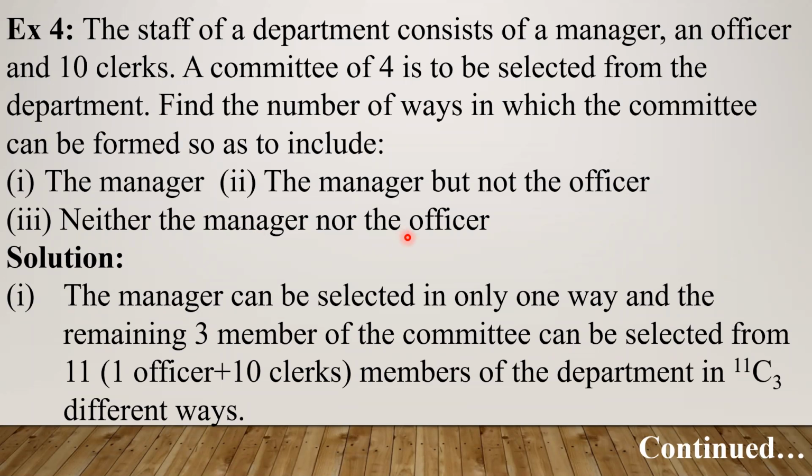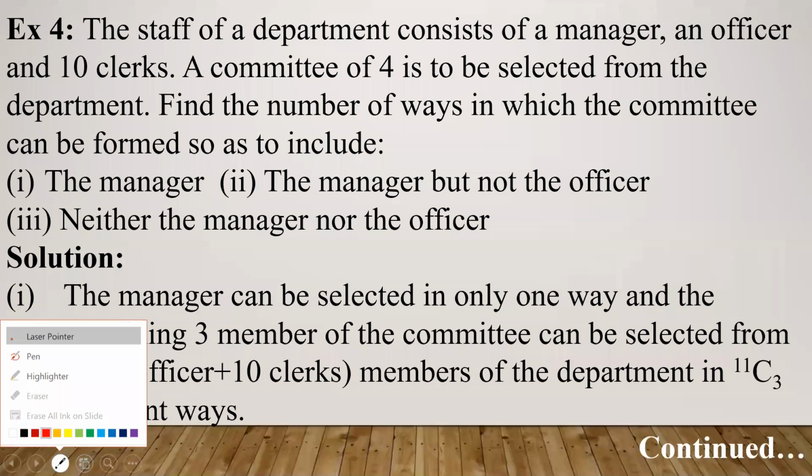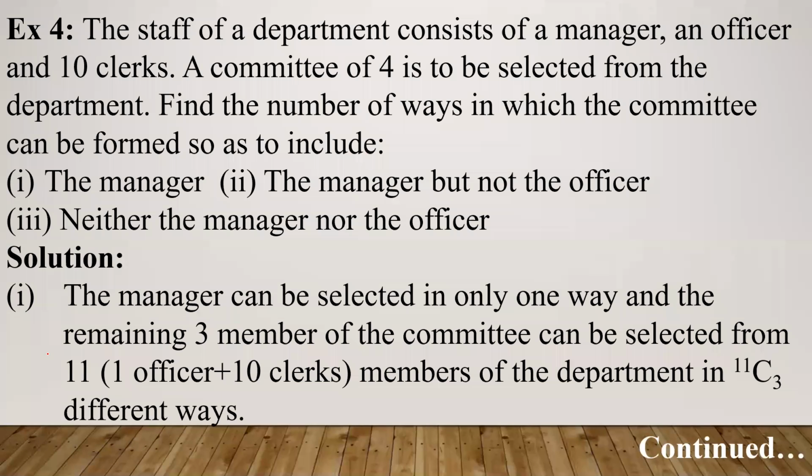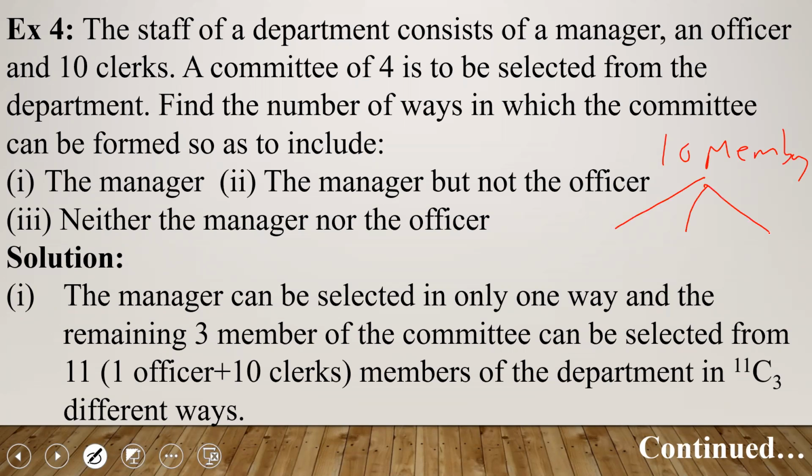How are you going to solve this problem? First of all, try to understand the problem. What is given to you here? There are members in the department. Out of these, there is only one manager, and one is an officer, and 10 are clerks. So how many members are there? Not 10.